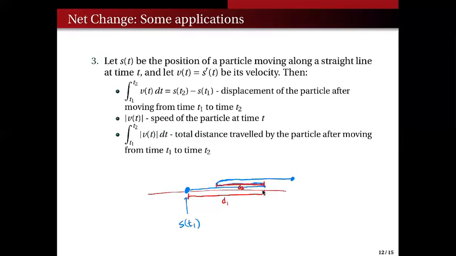So you need to calculate the distance from here up to this point, your d3. If you add all of this travel, this guy here and this guy here, that's the total distance traveled.